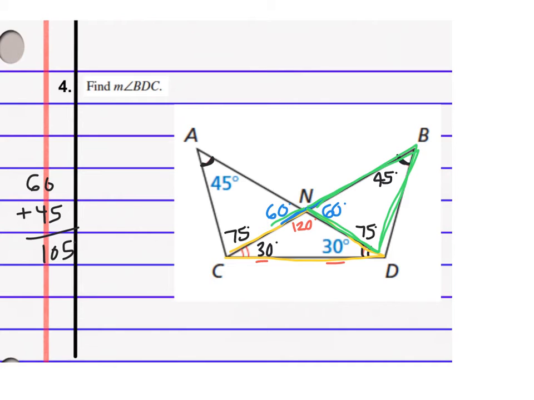Angle BDC. So BDC is this big angle. I just add 30 plus 75. I get 105 degrees for that angle. This is not the only way you could have solved it, but that's how I did it.